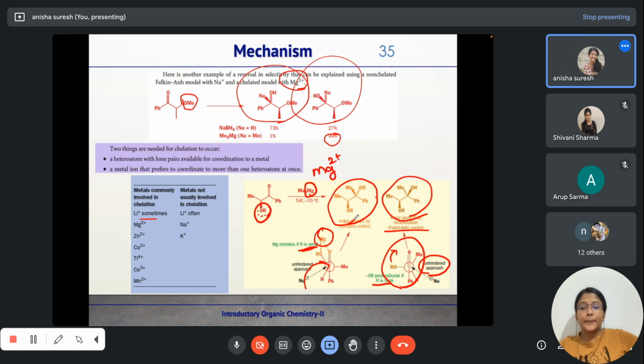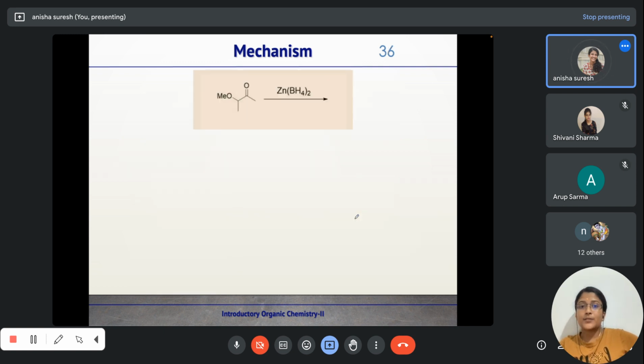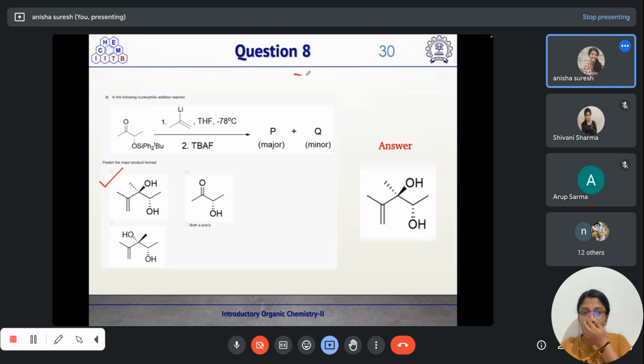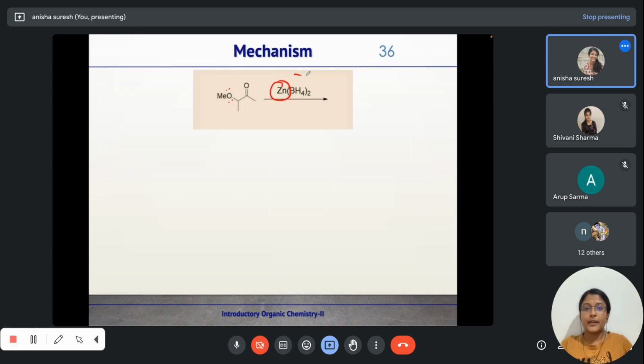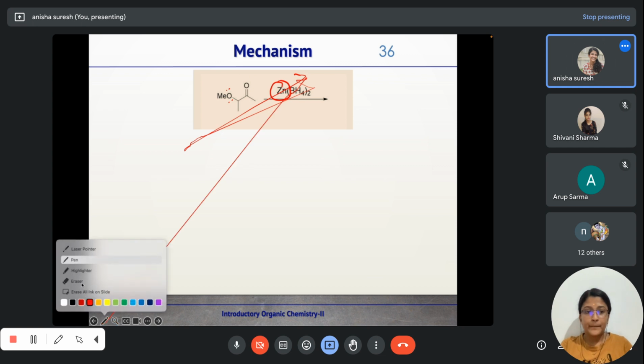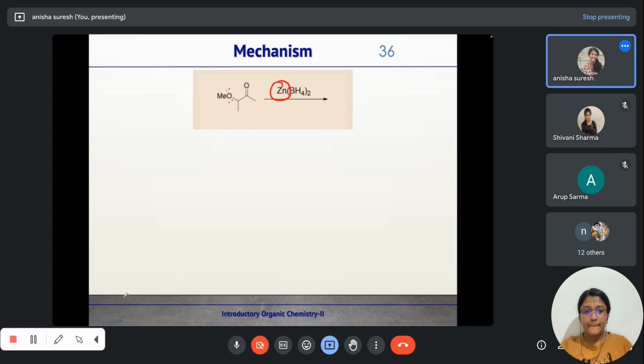Now we will see the mechanism for our reaction. We have been given OMe, which has a lone pair of electrons, and our metal is Zn2+.